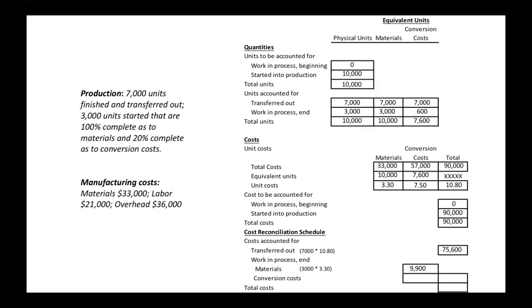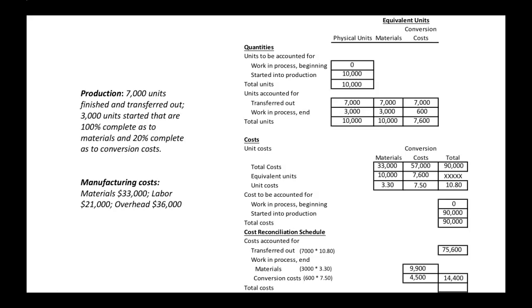Now for conversion costs, we see that the ending work in process only had 600 units. So we take our 600 units times our unit cost of $7.50, and we end up with 4,500. So the total cost of your work in process at the end was 14,400.